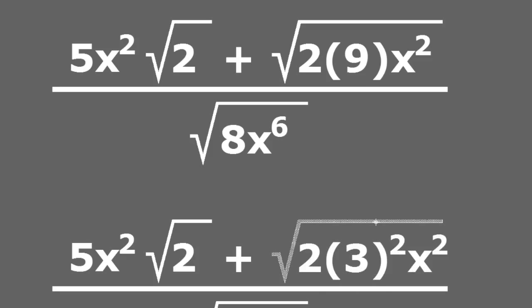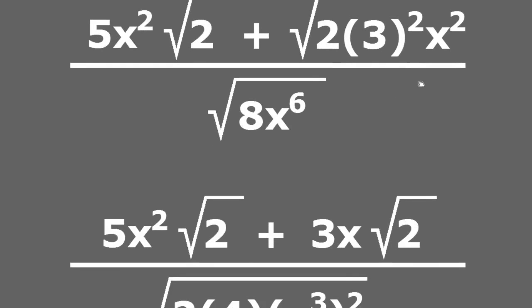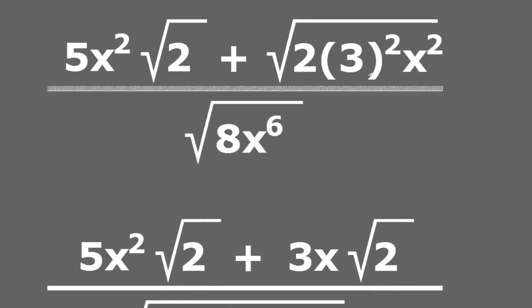Now, as you can see, I have the number 3 with an exponent 2 and the variable x with an exponent 2. So I can take that number 3 and that x outside of the radical sign. And that is what I do here. The 3, because it was squared, came outside of the radical sign, and the x, because it was also squared, came out of the radical sign without any exponent.